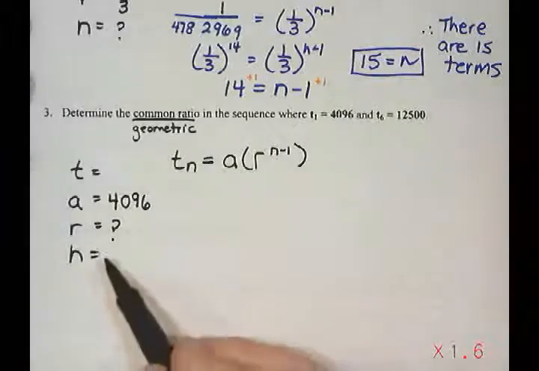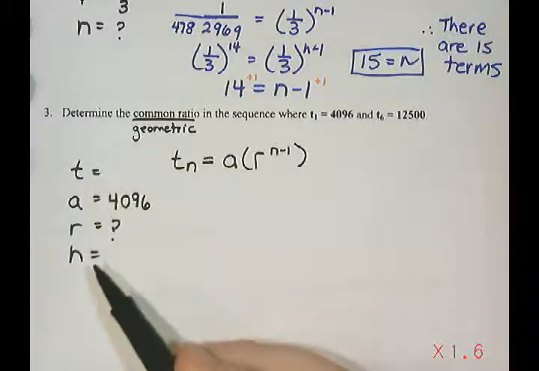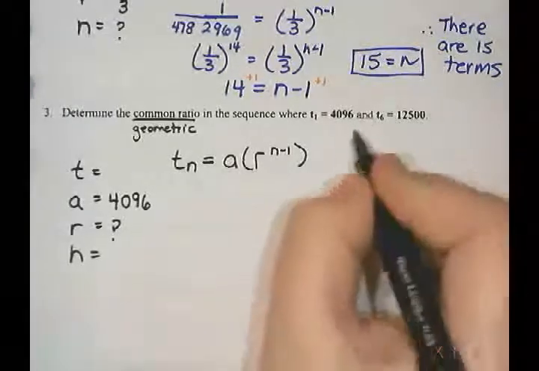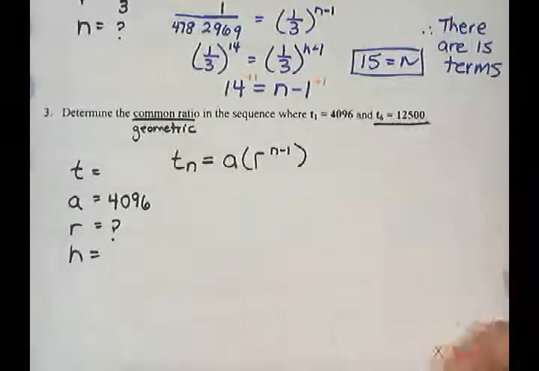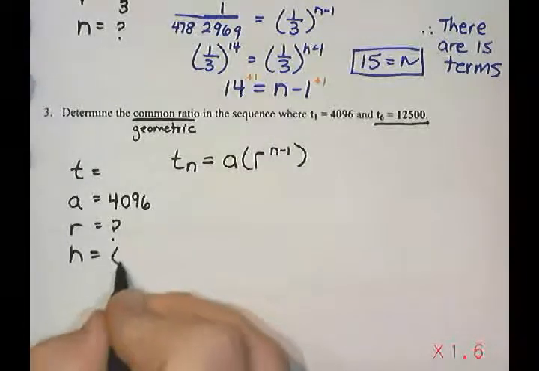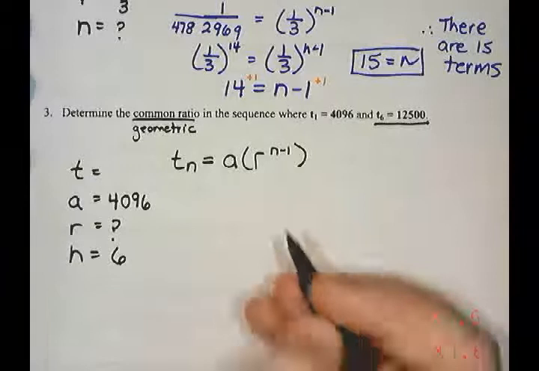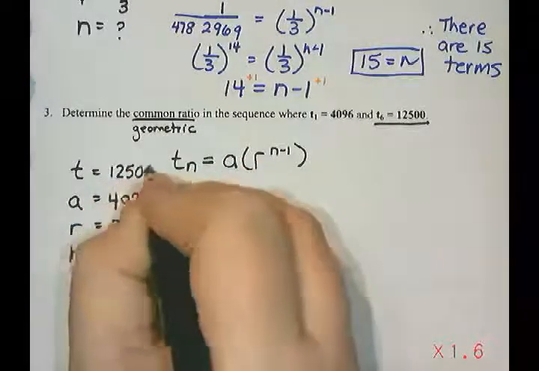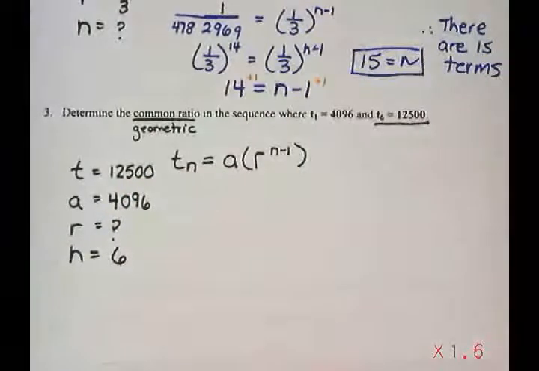So somehow there has to be a way for me to know what T and N are from this question. I do know that term 6 is 12,500. So N is 6, and the value of the term is 12,500. And I'm going to take those values, substitute them into the equation, and solve.